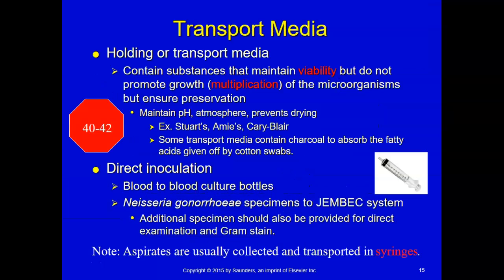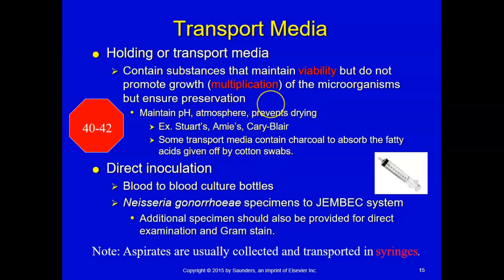Transport media is used to preserve the organisms in the sample, and this media should provide viability without allowing multiplication or growth of bacteria. And they do this, they have to maintain the pH, the proper atmosphere. For example, if you are suspecting an anaerobe, you need to have this collected in an anaerobic gel.